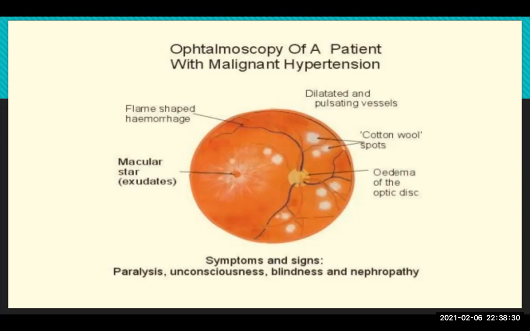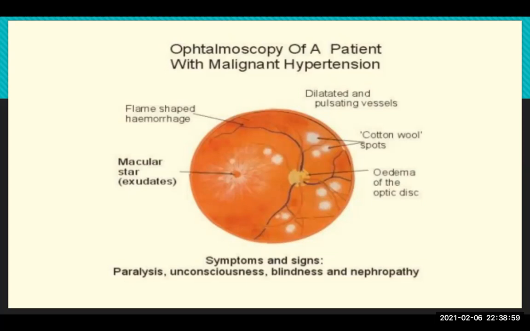It's due to stagnation of the circulation, leading to the disc swelling. It's part of the papilledema picture, but it's not related to the central nervous system. So it couldn't be defined classically as papilledema because there is no increase in the intracranial tension. So you will refer to it as disc edema and hypertensive papillopathy.